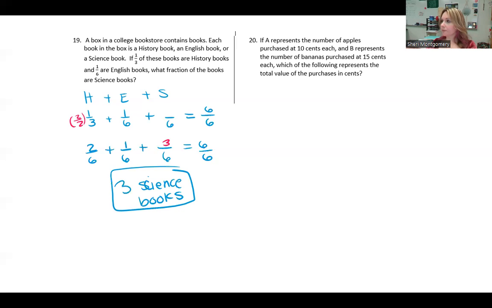Or a whole, right? So that means all of our books. Oh. So all of the books. Yep. So it's like what part out of the whole? So 1/3 of them is history books, 1/6 of them is English. Some part is going to be science. And it has to add up to a whole. So it has to add up to 6/6. Yes. And then we'll get a whole.